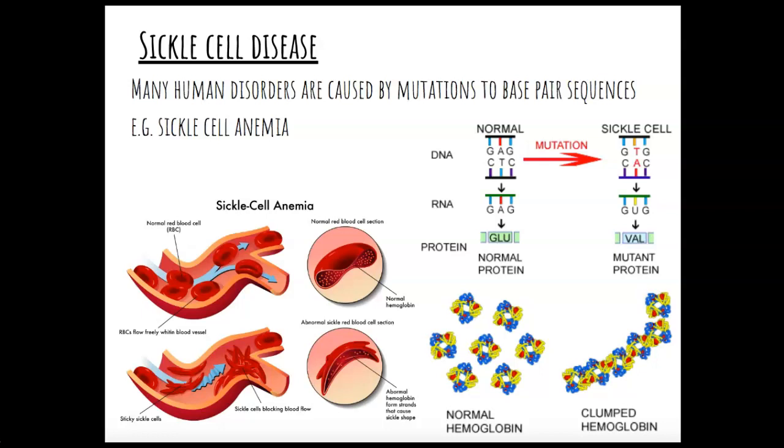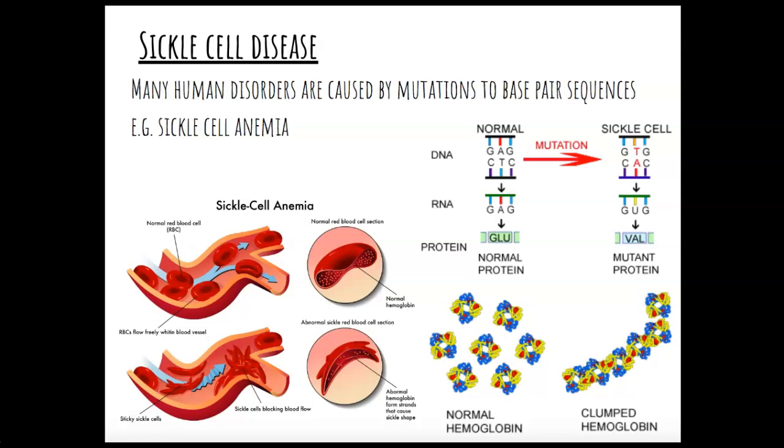When that mutation causes the sickle cell mutated protein, the hemoglobin tends to clump together. And so instead of your beanbag chair, your red blood cell, being filled with nice squishy beans, it's essentially filled with sticks or skewers. And therefore it changes the shape of that red blood cell.